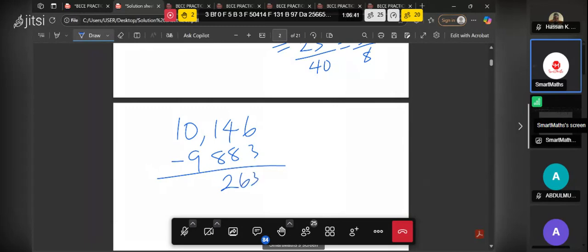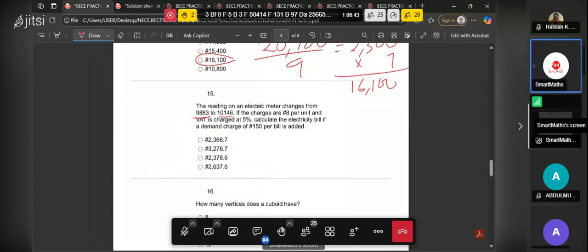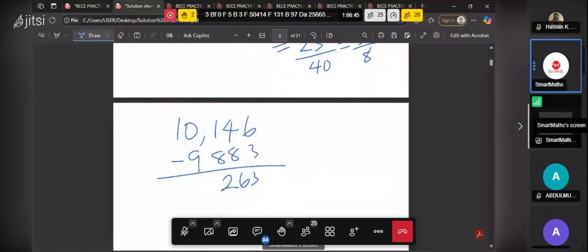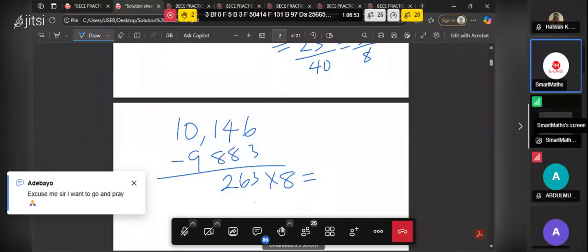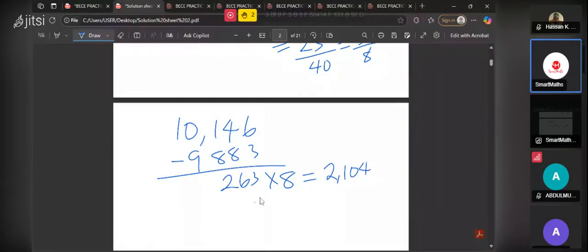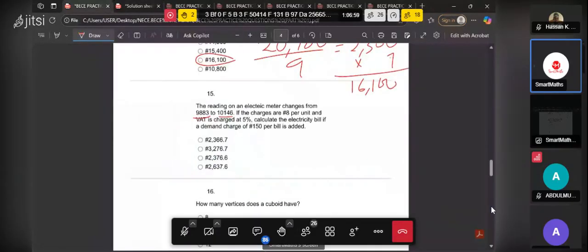That's the number of units. Now, one unit is 8 naira. We multiply 263 by 8. That gives 2,104. All right, so then we go back to the question.